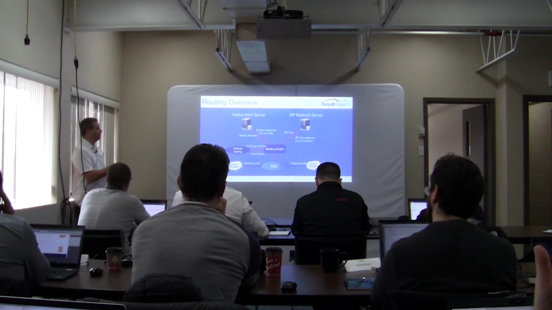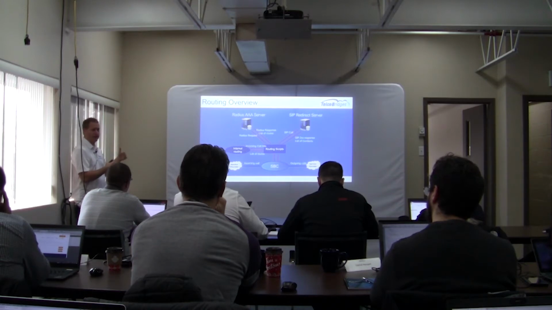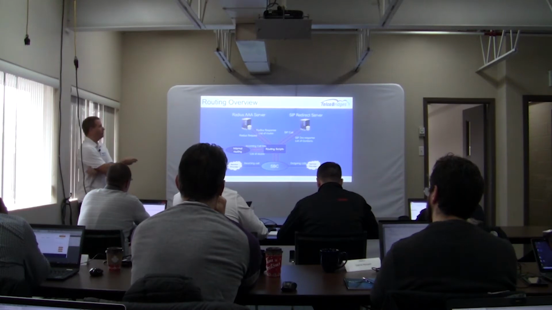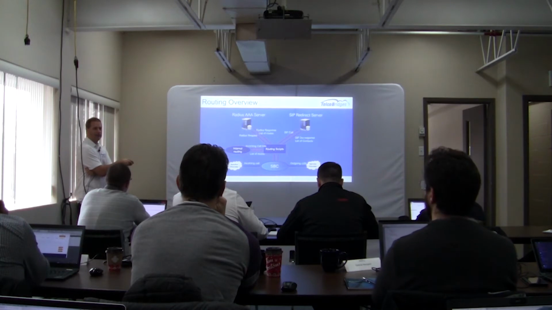So we need to discuss with the RADIUS server and decide which parameters we need to send and in what format. And the same when we receive the response, we need to describe how the response will be received and what we need to do with it. Okay? So most likely, when we integrate a RADIUS server, we need to do at least a little bit of work in the routing scripts to do some routing. Okay?